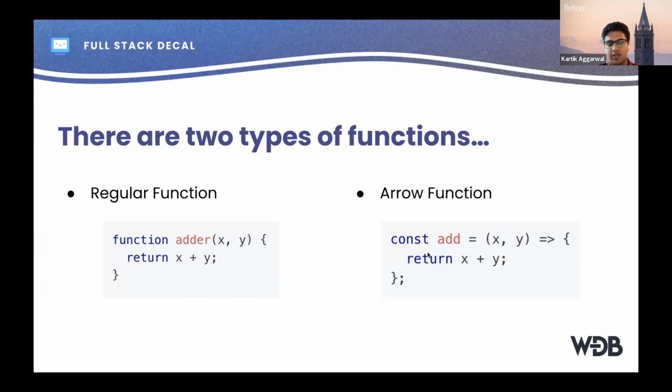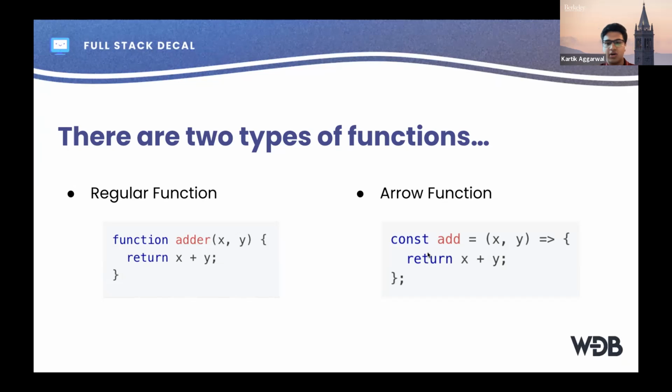It works in a very similar way. You define the variable as the function name, and then you have the arguments, like x comma y, as you can see, and then you use the equal sign and the greater than sign, which makes it look like an arrow. After that you have the computation inside it.